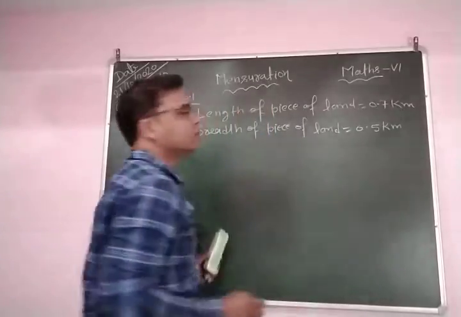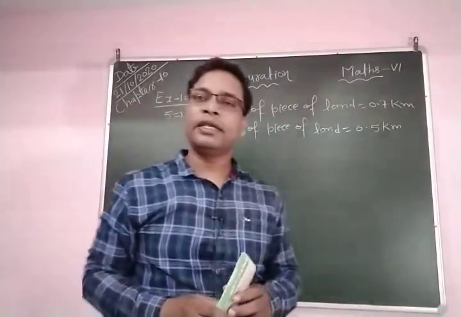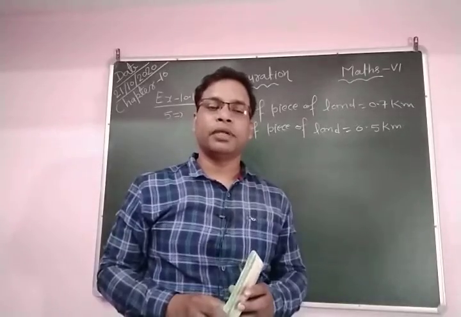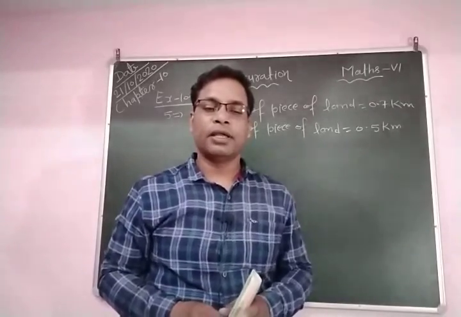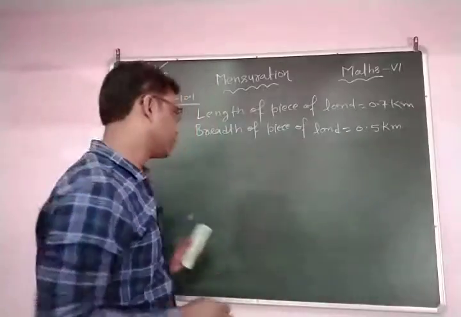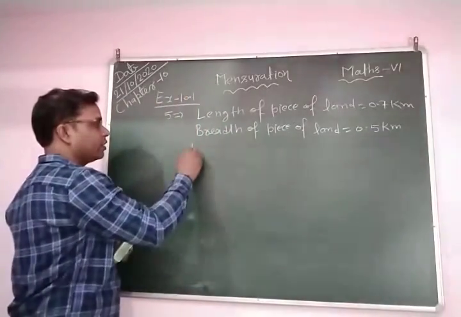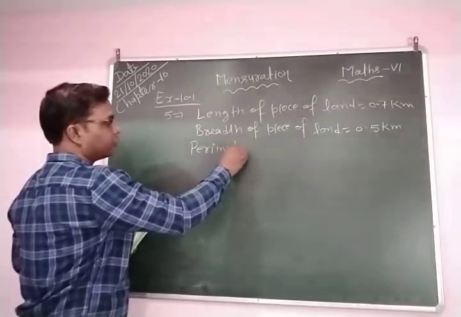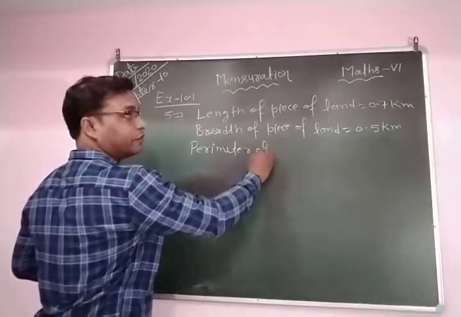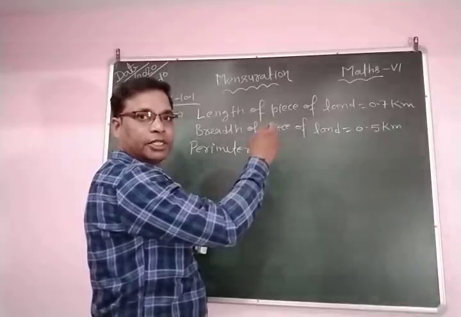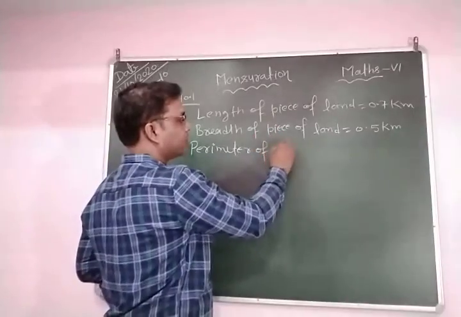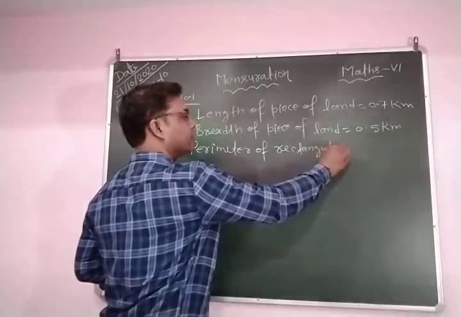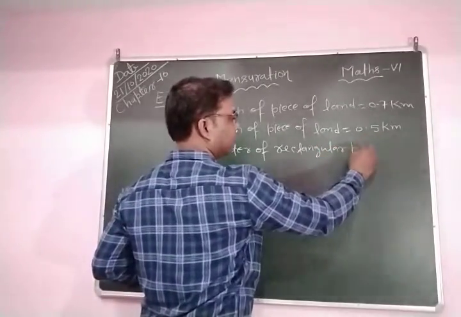Okay. So the land is of rectangular shape. So we find the perimeter of a rectangular piece of land.